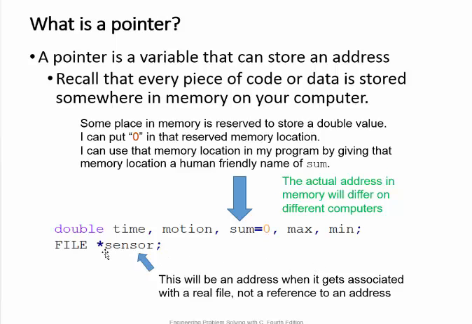So this pointer is really an address. Right now I'm saying I'm going to have an address, I'm going to give it the name sensor, but this address has to be somehow tied to where that specific file is in memory. So I've declared that I'm going to use a file. That file is going to have a specific place in memory, and that's what the use of a pointer is.